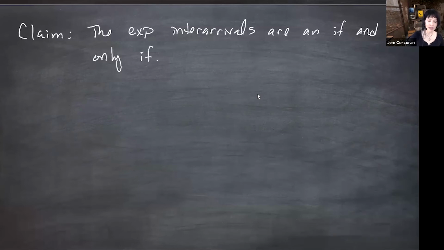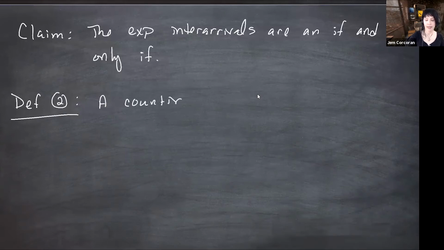And what I mean by that is definition 2 of a Poisson process. So a counting process, N of t, is a Poisson process with rate lambda. So I'm going to define it a little differently now.